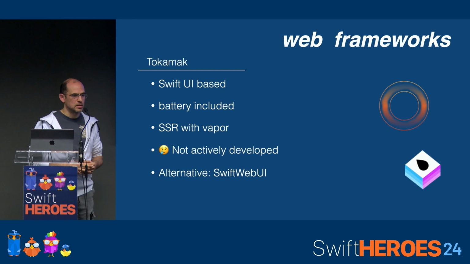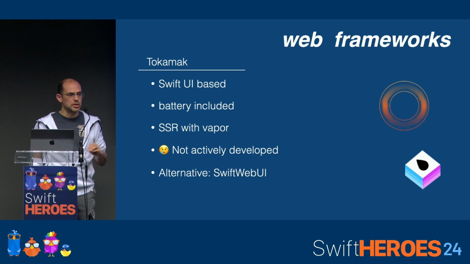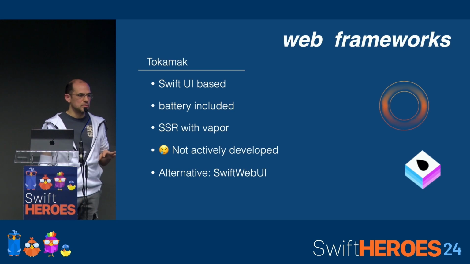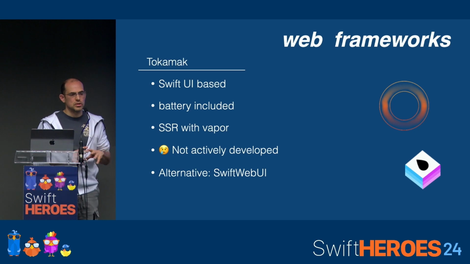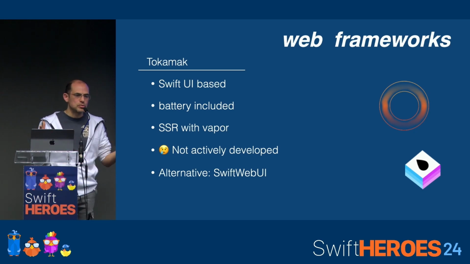Tokamak is a great framework that lets you build a web application using the approach of SwiftUI. The problem is that it is not very actively developed, so it's great, but you have to think twice if you want to build an application that will last. If you do some kind of prototype, that's great, but think about it. Or if you want, you can start to contribute and let it go on.